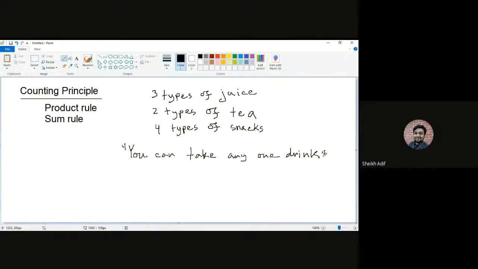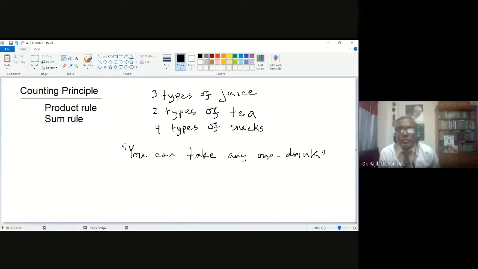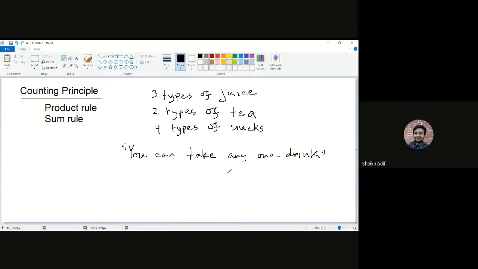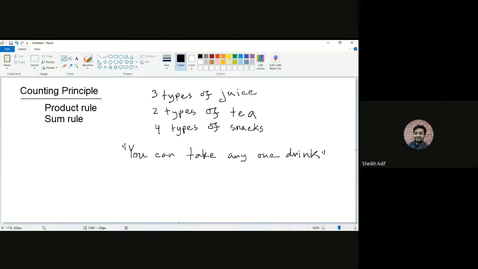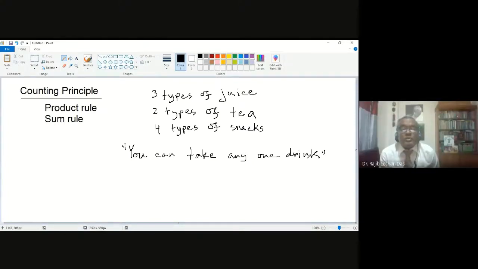Nine options? Three types of juice, two types of tea. No, snack is not a drink. Oh, so sir, 5 options. Five options.